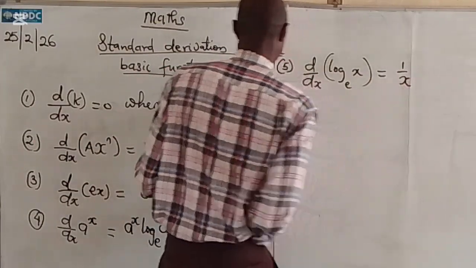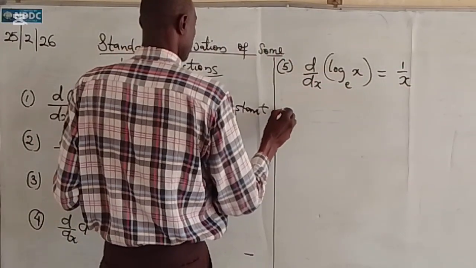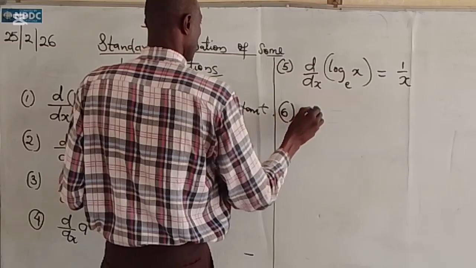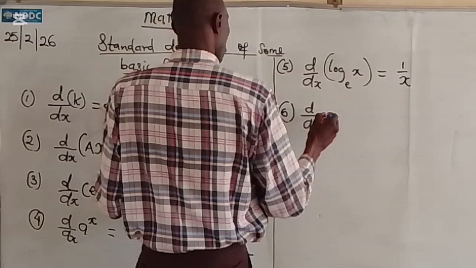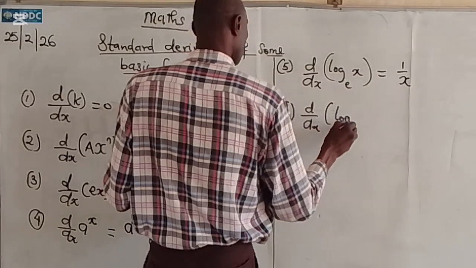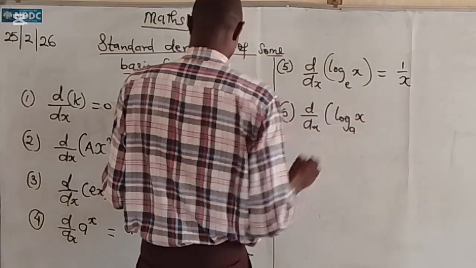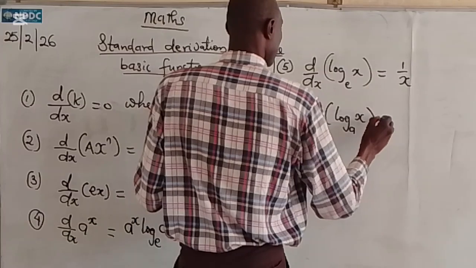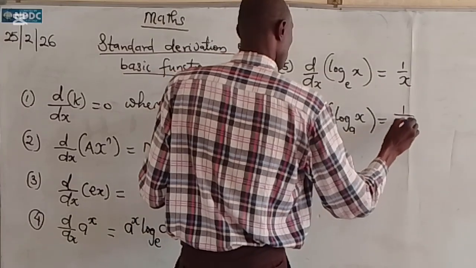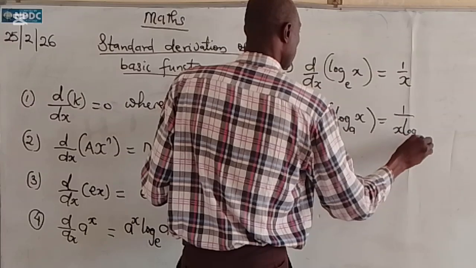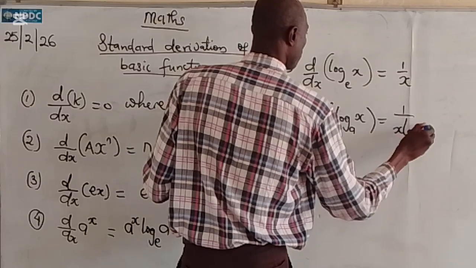Number 6. d over dx of log ax is equal to 1 over x log base e of a.